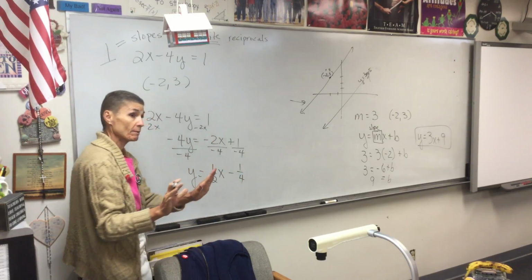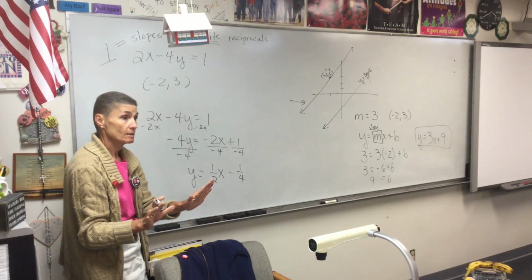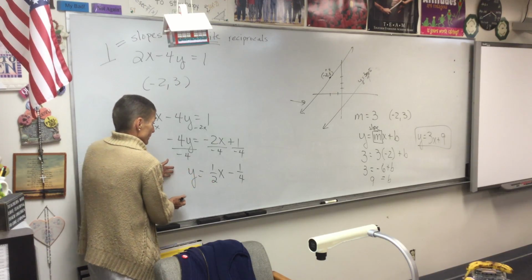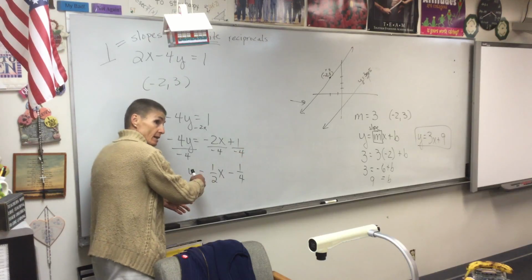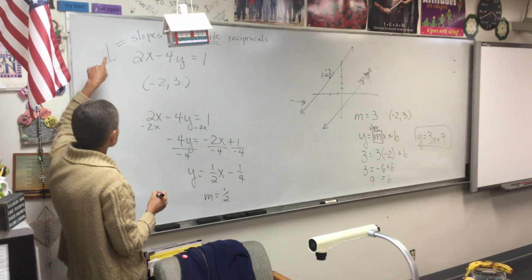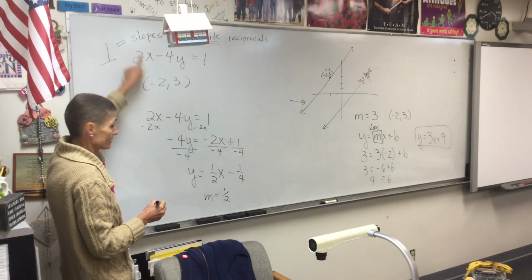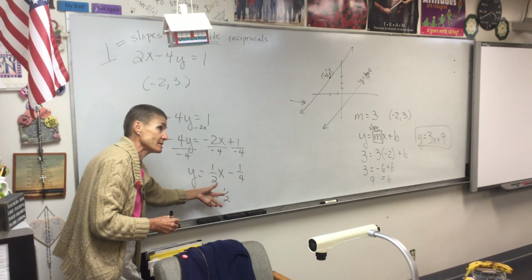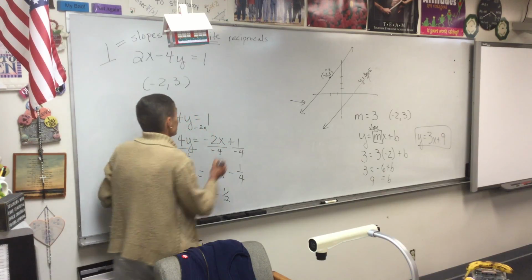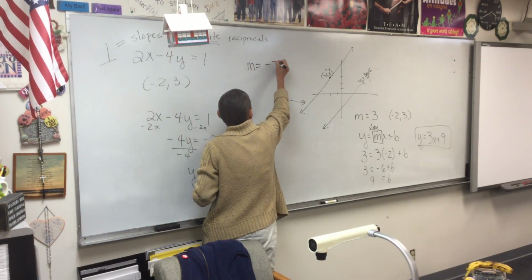Now don't freak out about the fractions. What is the slope of this line? 1/2. Well, the slope of this line is 1/2, which means the slope that I want is the opposite reciprocal, which would be -2. So I've got a slope of -2.